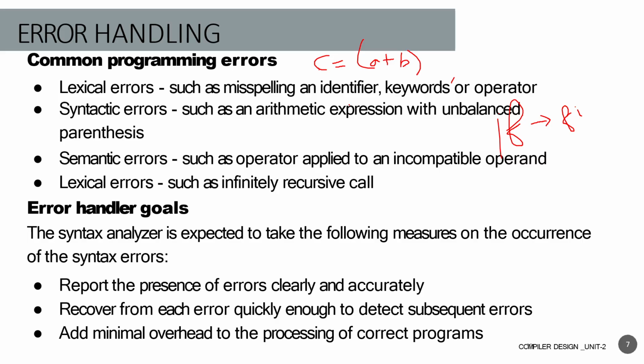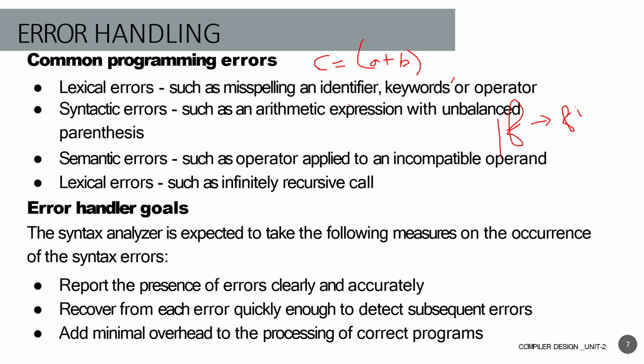In the C language, assume int A = 10; is a declaration statement, and it ends with a semicolon. If I miss the semicolon, that will be a syntactic error. Third one is semantic errors. A semantic error is such as an operator applied to an incompatible operand.